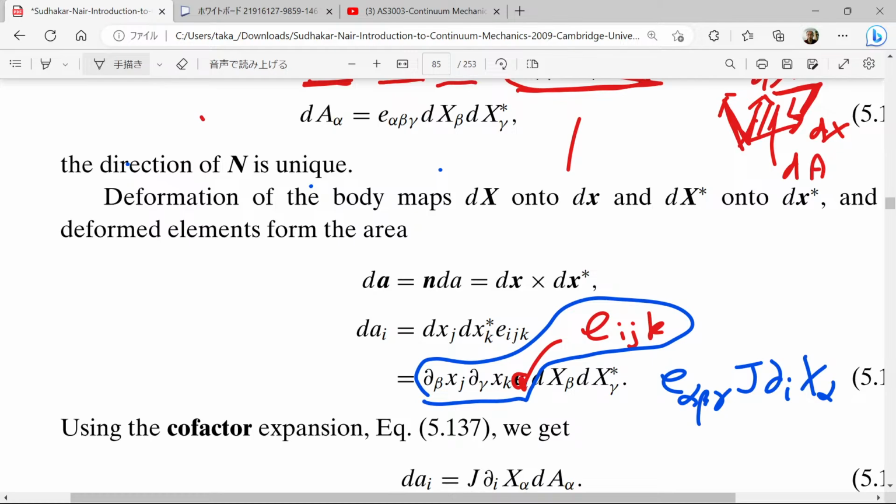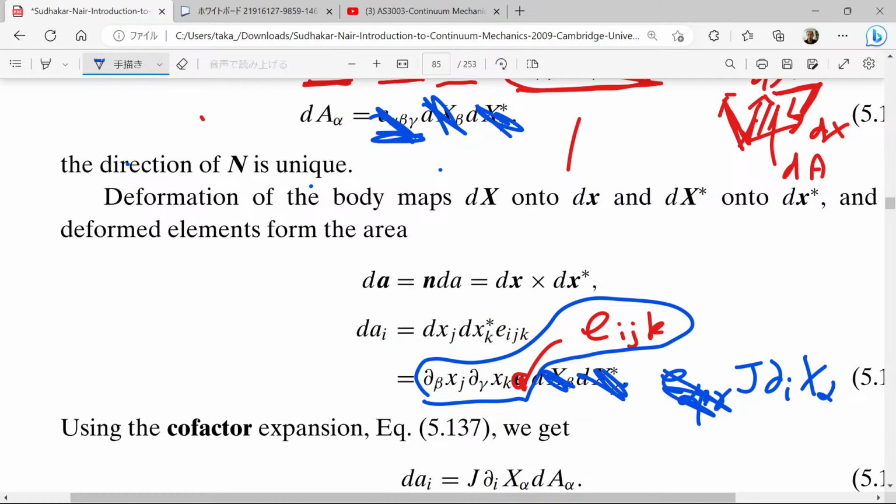Because see, you replace epsilon, you replace this beta, x beta, and d epsilon.